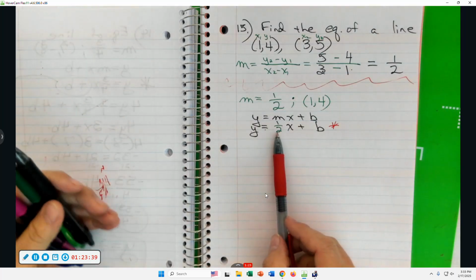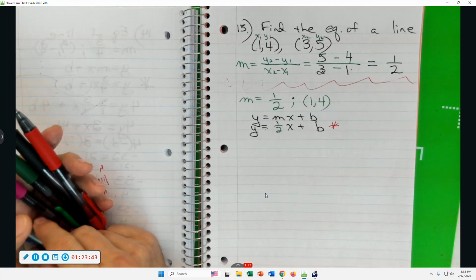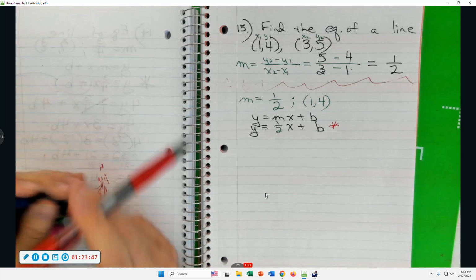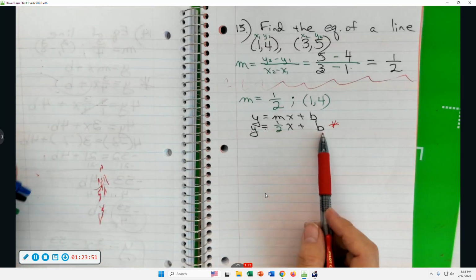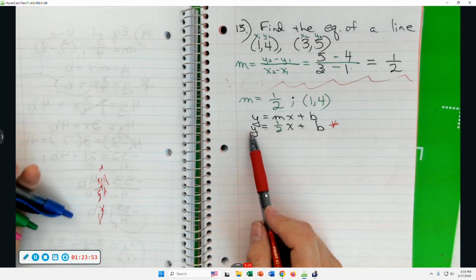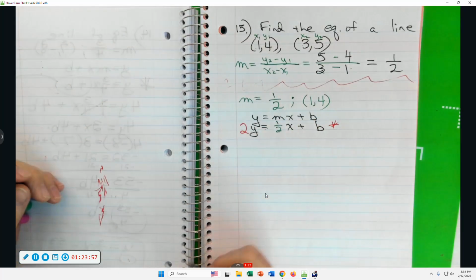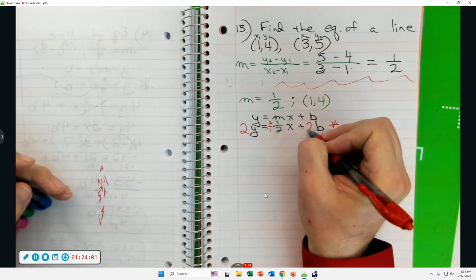We have a fraction. What do you think I'll multiply through by? 2. How many times will I have to multiply by 2? 3 times, because with y equals mx plus b, there's always going to be 3 terms, 1 on the left, 2 on the right. So I'm going to multiply by 2, multiply by 2, multiply by 2.